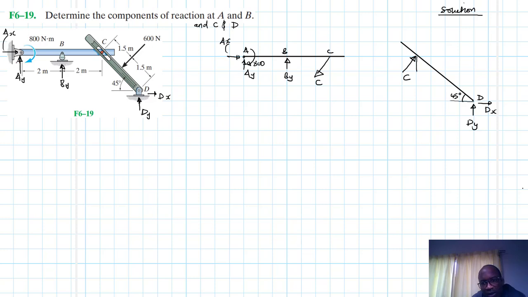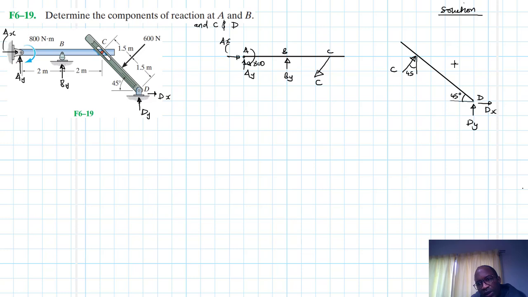So let's call this 45, up to there like so.